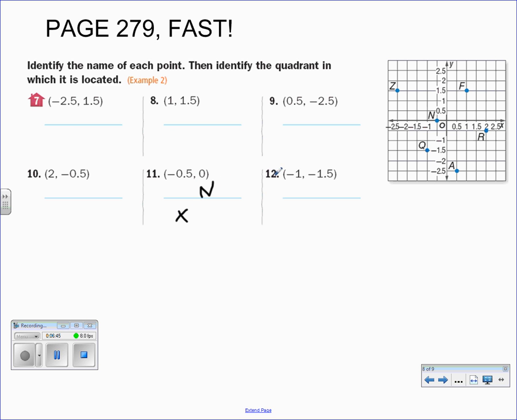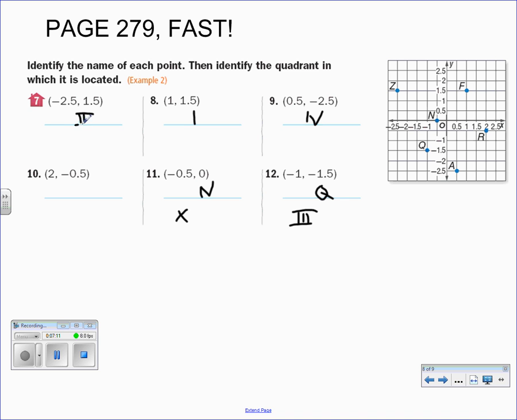One like this, negative 1, negative 1.5, it's Q, which is in the third quadrant, which should be obvious because both points are negative, right? Positive, negative, that's fourth quadrant. Positive, positive, first quadrant. Negative, positive, second quadrant.